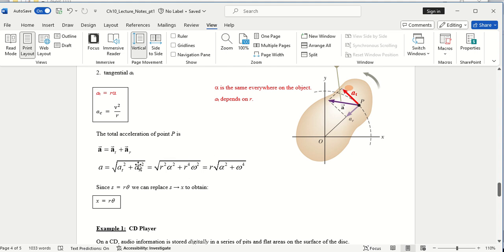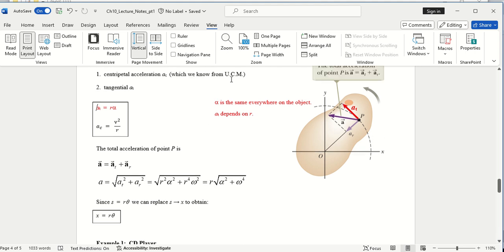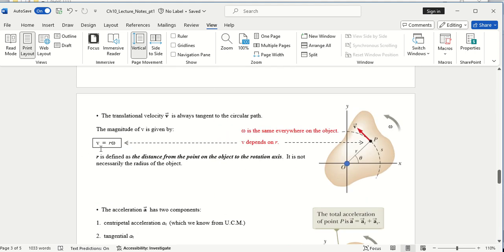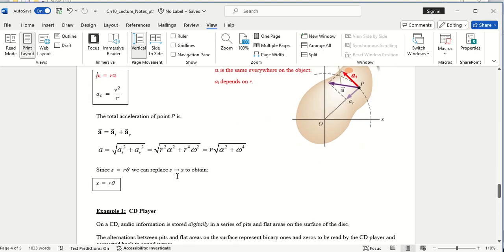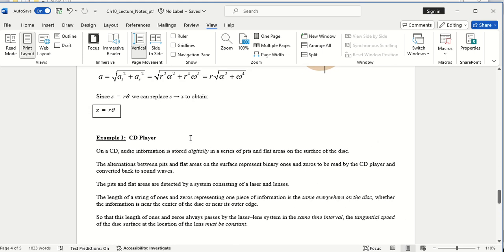They replace the centripetal acceleration, they replace V with r omega, and that's how they get that expression. But that's not really that important. The main thing is that the tangential speed V is equal to r omega, and the tangential acceleration AT is r times alpha. Well, let's look at an example.